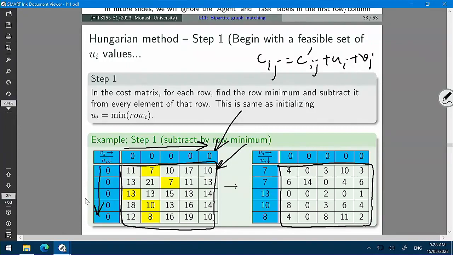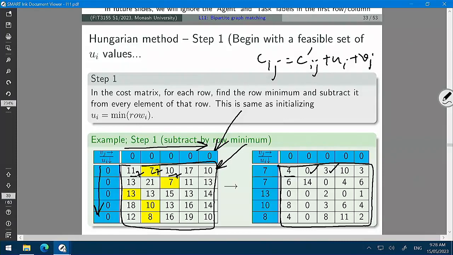Because I have to make sure that Cij equals C prime ij plus Ui plus Vj. So if I have subtracted 7 from here to get 4, subtracted 7 from here to get 0, subtracted 7 from here to get 3, and so on.